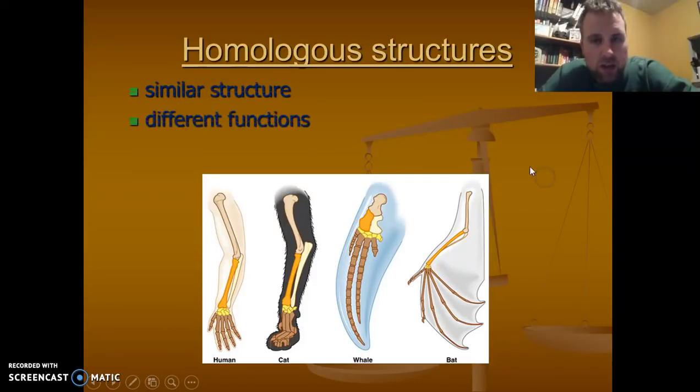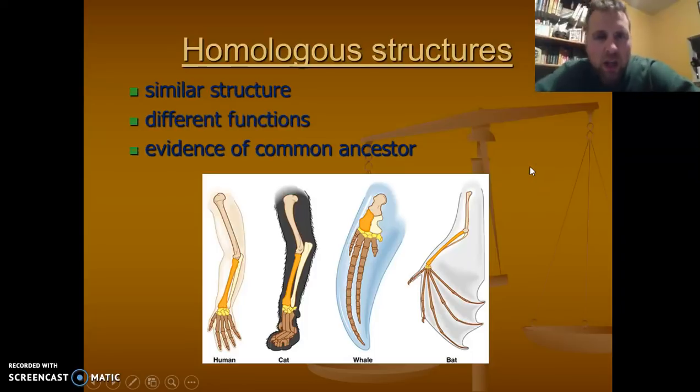So the things we're going to write down today are this. Homologous structures are similar structures, but they have different functions, and that is evidence of common ancestry. So if you look at the human arm, you have some color-coded bones. This is the forearm. You have your humerus and your ulna. Notice that, sorry, not the humerus, this is the radius.